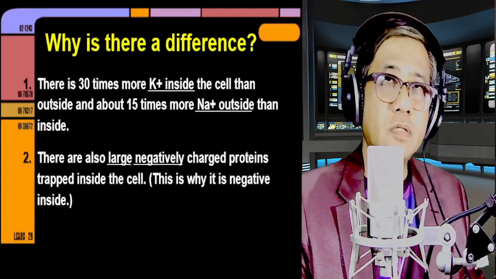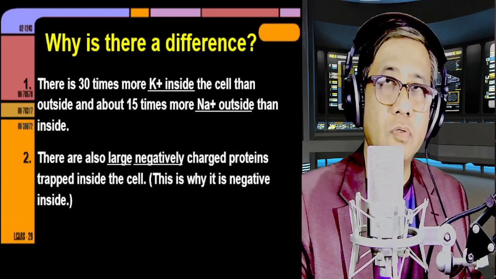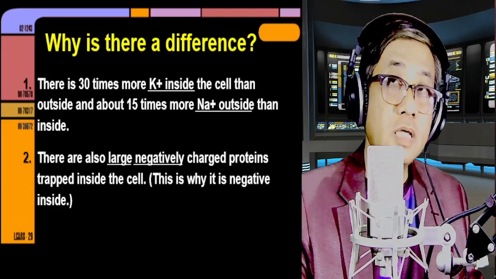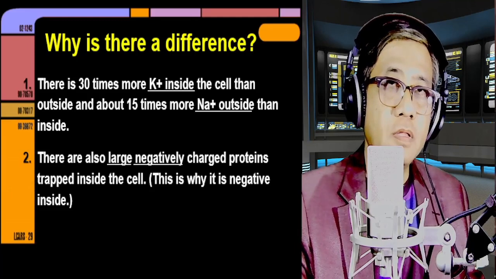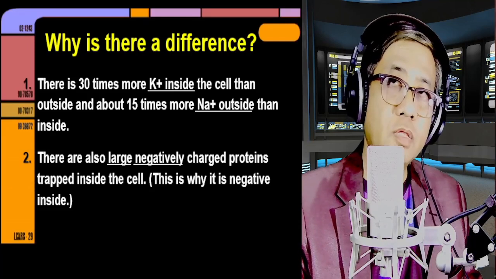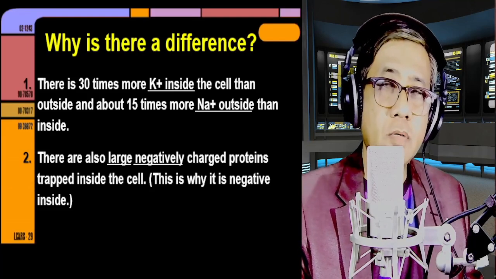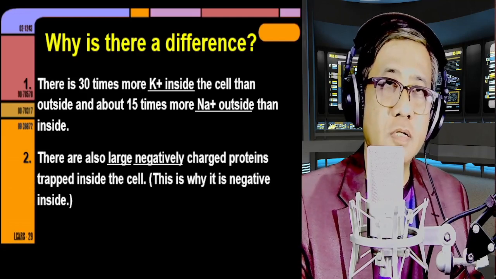And again, why is there a difference in charges? There are 30 times more potassium ions inside the cell than outside, and about 15 times more sodium ions outside than inside. Remember, in the sodium-potassium pump, 3 sodium ions exit the cell and 2 potassium ions enter the cell.